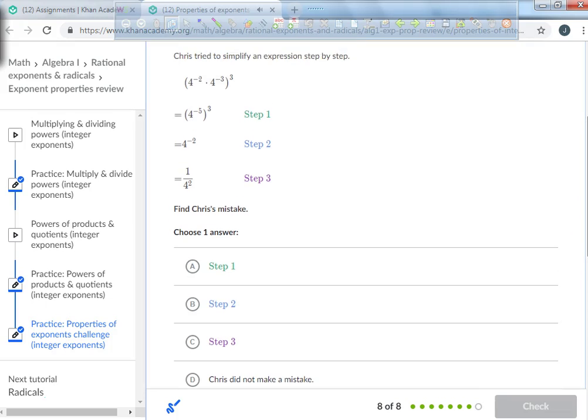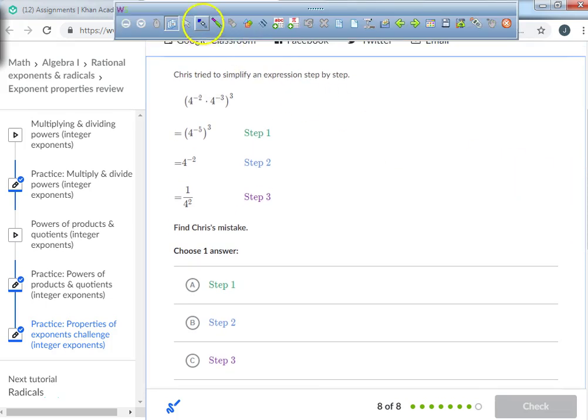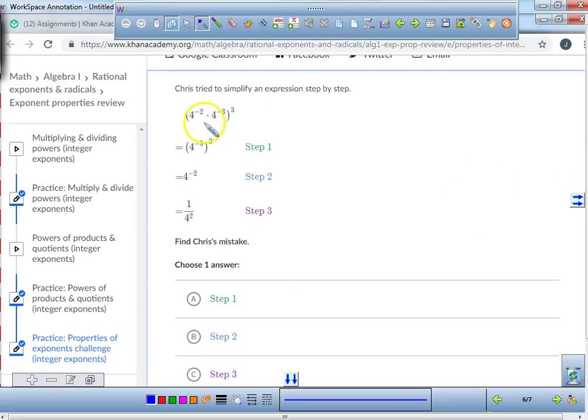All right, last one. Right here. These are the same. Am I allowed to add those numbers together?